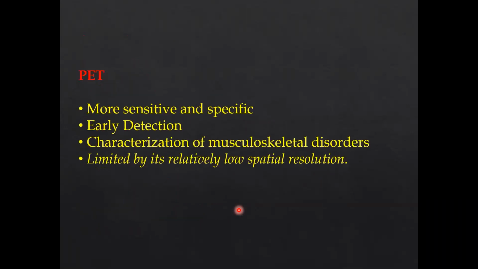So PET is more sensitive and specific for early detection and characterization of musculoskeletal disorders, and it is limited by its relatively low spatial resolution. This is one of the important drawbacks with the PET.